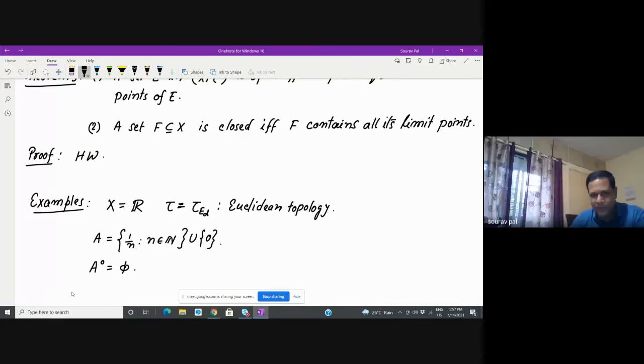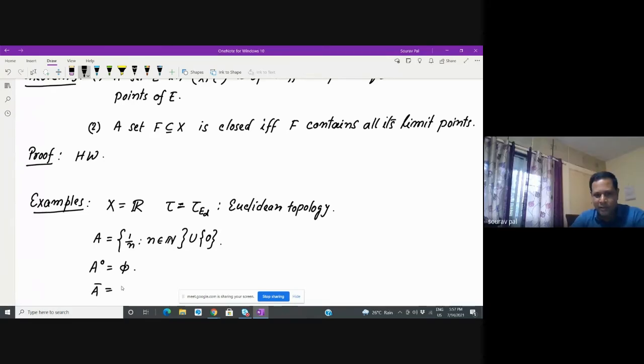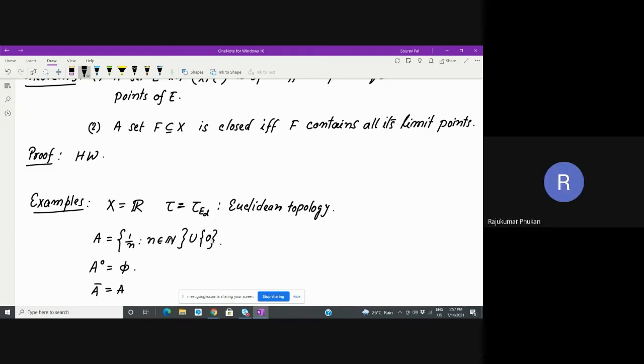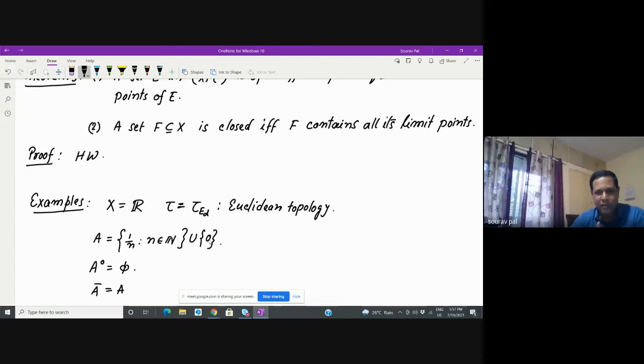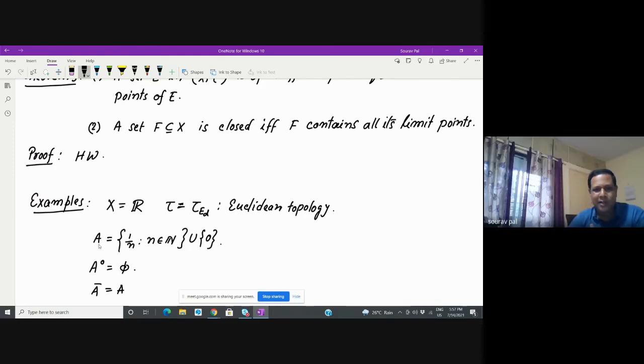Yes. So A closure is A, and it contains 0, right? So when do you say a set is closed? We have seen above, a set is closed if and only if it contains all its limit points, right? So if we use this result, then we can say that it is a closed set, and so A closure is A. Because what is A closure?